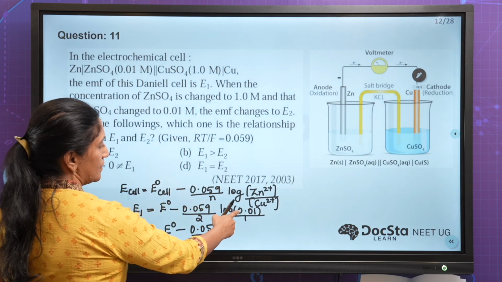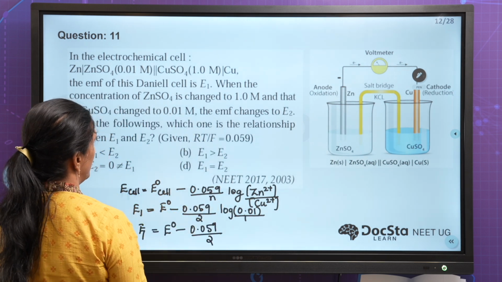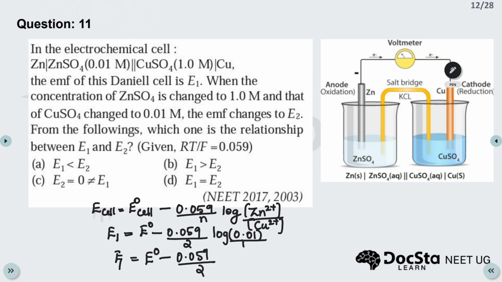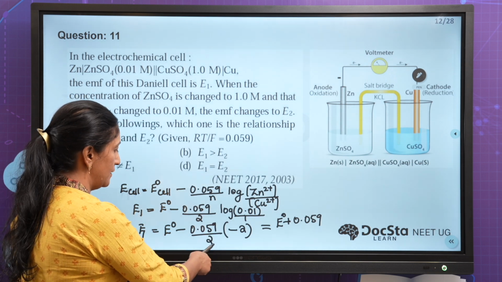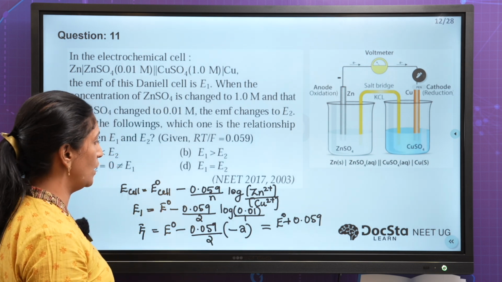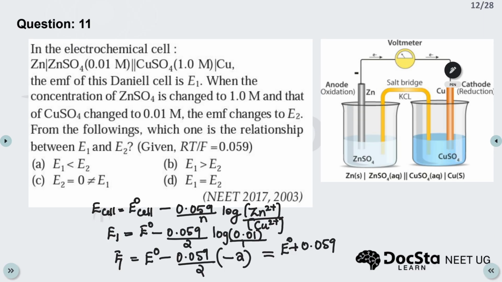Hope you understood. Here 0.01 is the concentration of Zn2 plus and 1 is the concentration of Cu2 plus. So the log comes out to be minus 2. If I solve this equation, the 2 and 2 get cancelled out and you get the value of E1 as E0 plus 0.059.